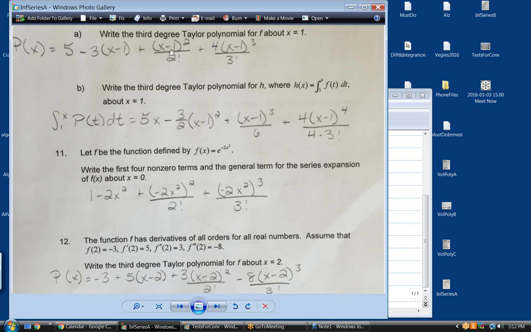We know what p of x is, so we're going to integrate it term by term. We integrate the 5, that gives us 5x. This term gives us minus 3/2 times x minus 1 squared. And each term is the integral of the corresponding term.